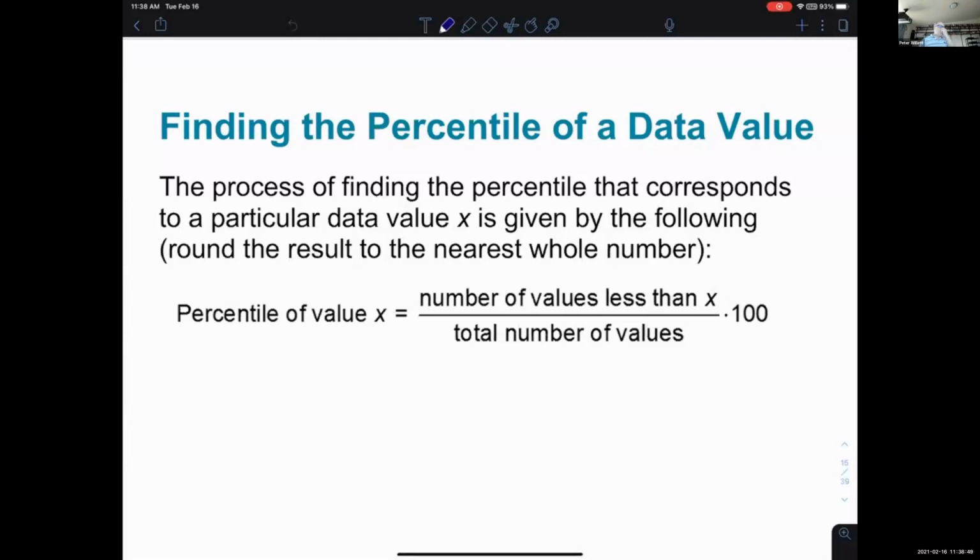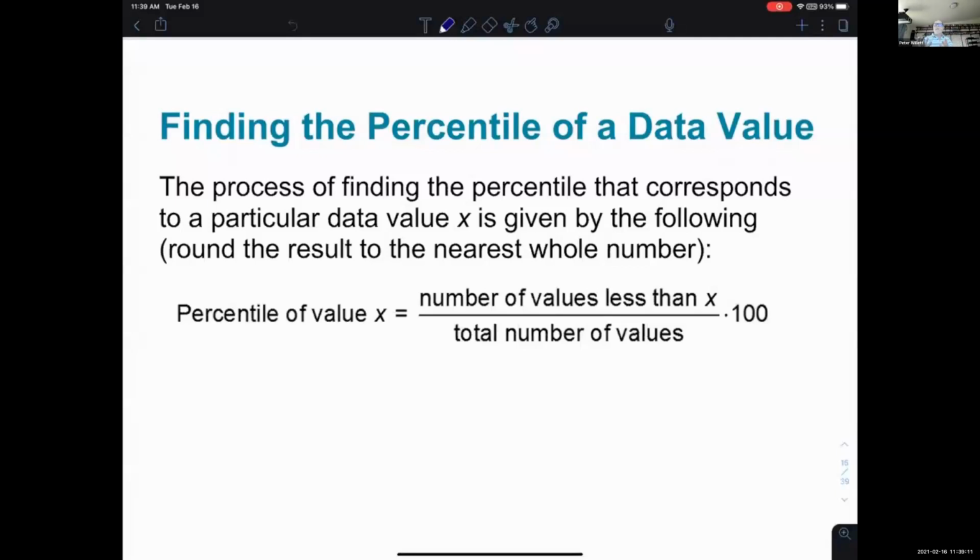So a simple example would be if I looked at the median. You may recall the median is the value right in the middle of the data, where half the data is below it and half is above it. So that means if I took the number of data values below the median and divided by the number of data values altogether, I would get 1/2, because half is below the median.